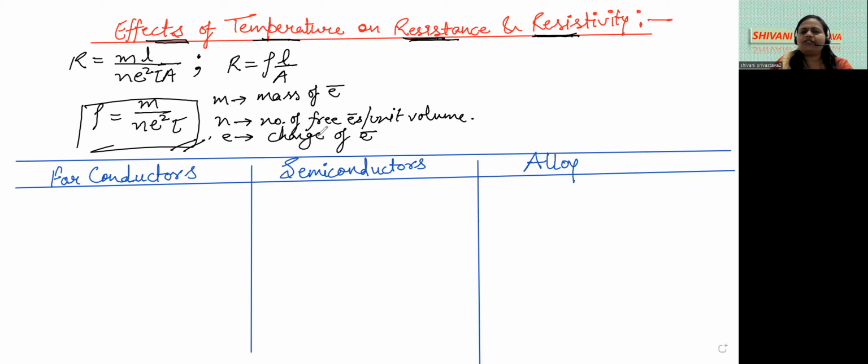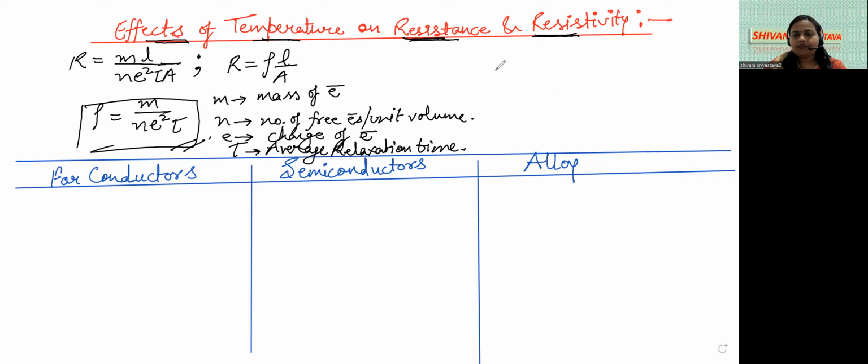If you are not aware of it, not to worry, we are here to discuss it. Now what is tau? Tau is the average relaxation time.